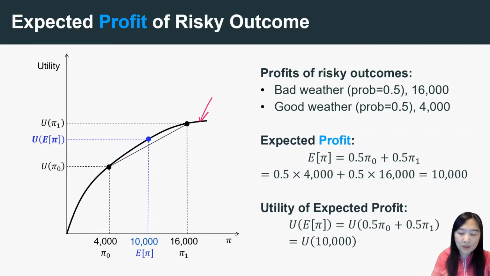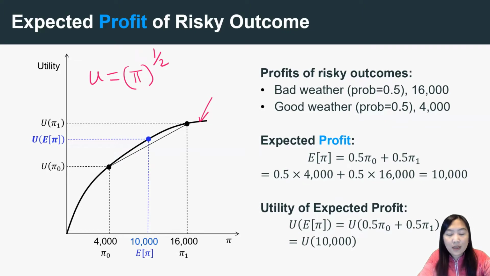You can think of this as a function of U equals profit to the half, something like that. It could be a different functional form. On the horizontal axis is your profit, and on the vertical axis is the utility level.